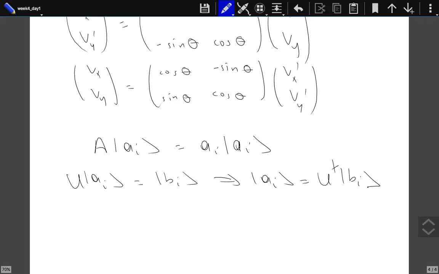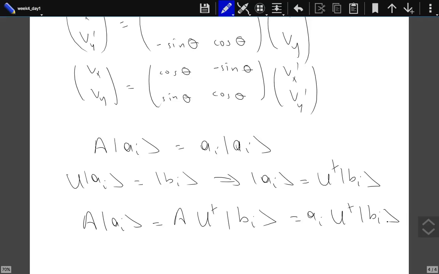The a_i kets and the b_i kets are related by this unitary operator U. So let's say A acting on a_i is actually A U dagger acting on b_i. And we know that this is equal to a_i acting on U dagger b_i.